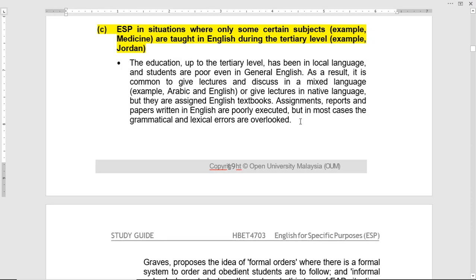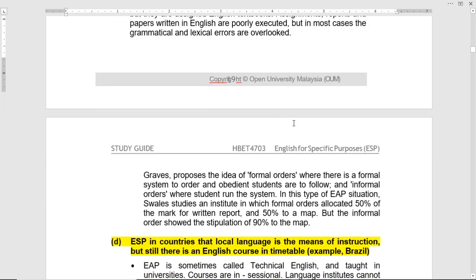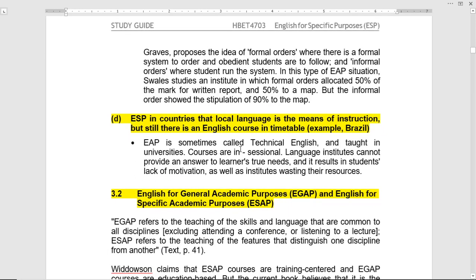If the students go to private educational institutes affiliated with foreign countries, and have to study in English medium, this situation can be found. Then the last one, ESP, in countries where the local language is the means of instruction, but still there is an English course in the timetable.